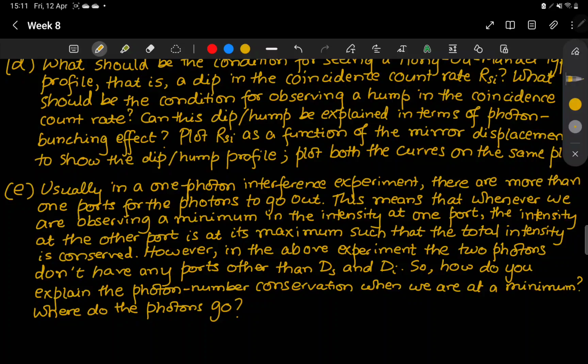However, in the above experiment, the two photons don't have any ports other than ds and di. So how do you explain the photon number conservation when we are at a minimum? Where do the photons go?